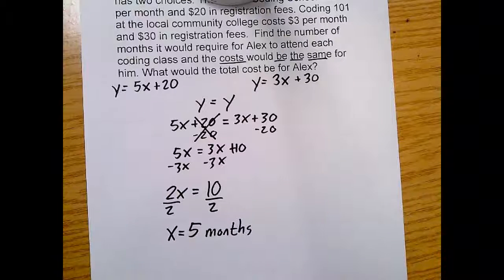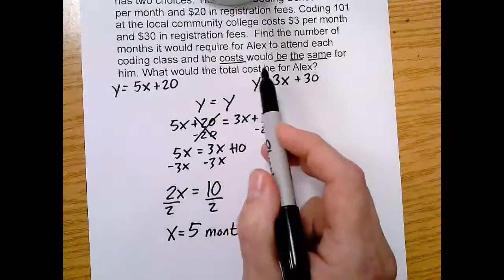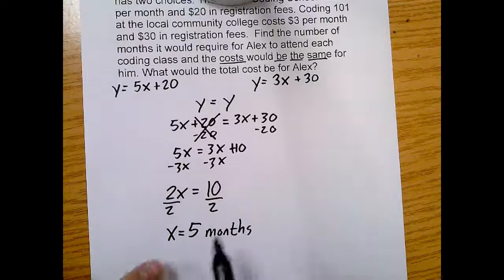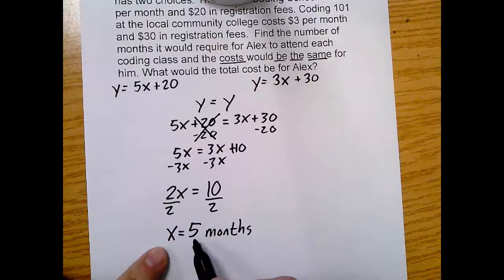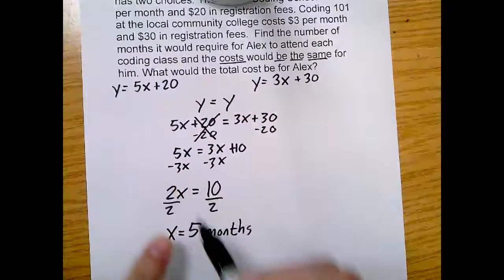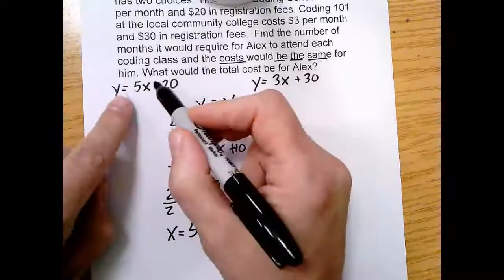But you know what we should do here now is try to find that total cost, because that's what it says. What would the total cost be? Well, we can figure that out pretty straightforward. It's substitution. It says x is 5. So if you go back up here, this is an x, but we just said, no, x is 5.